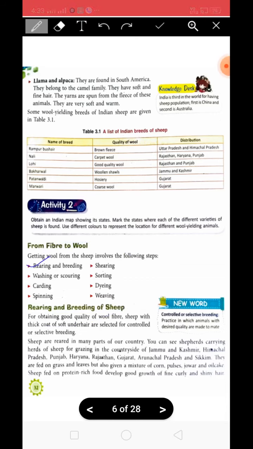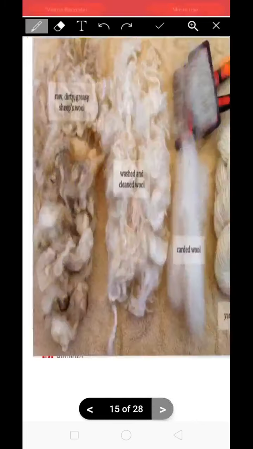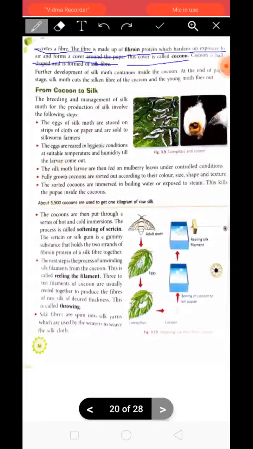This is the first step, rearing and breeding. Second is shearing. Third is washing or scouring. Fourth is sorting. Fifth, carding. Sixth, dyeing. Seventh, spinning, and eighth, weaving. These are the steps used in the production of wool from the fleece. Now next question.